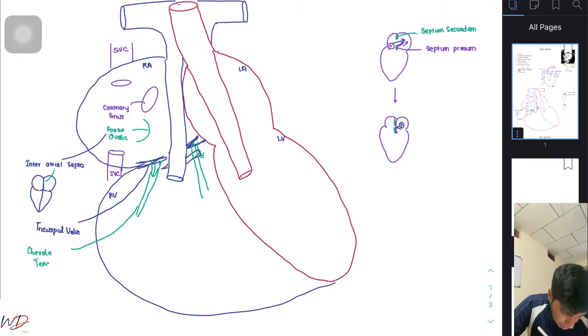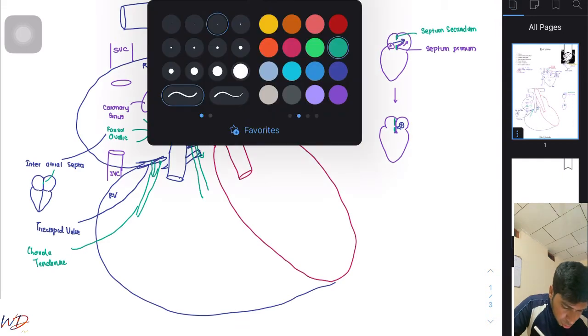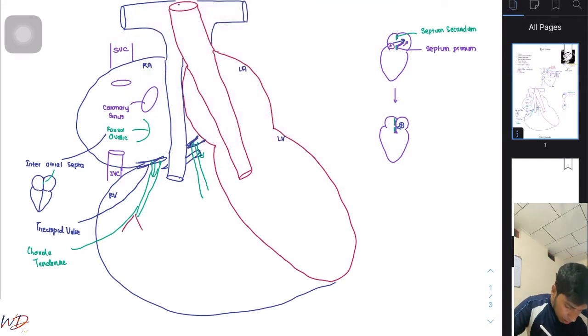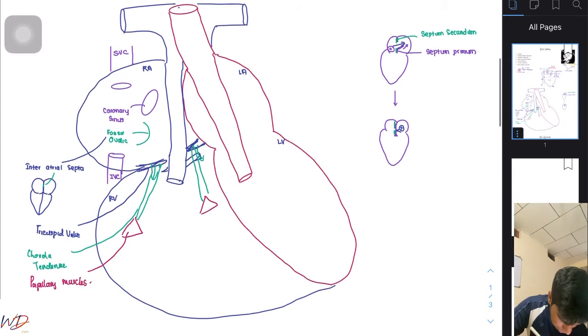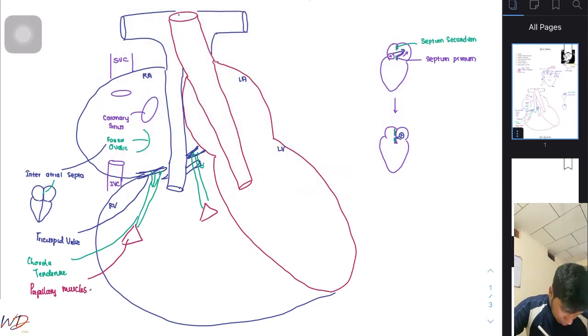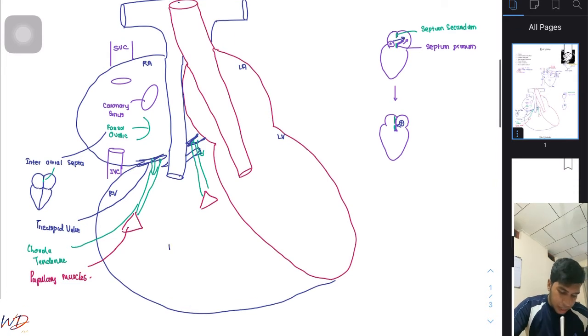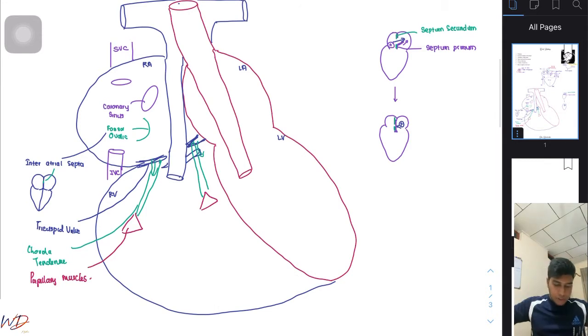These are connected to some tendinous cords called chorda tendineae, and that is connected to papillary muscles. So during filling of the heart, blood will enter into the right atrium. It will push down on the valve, and the chorda tendineae will allow it to open and let blood enter into the right ventricle.